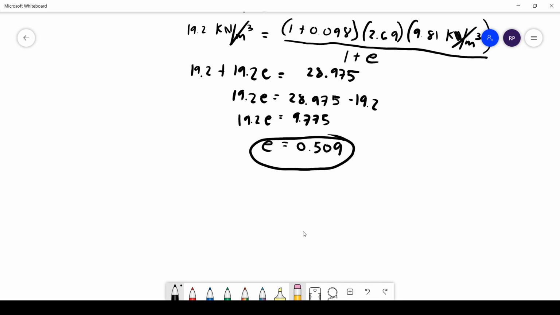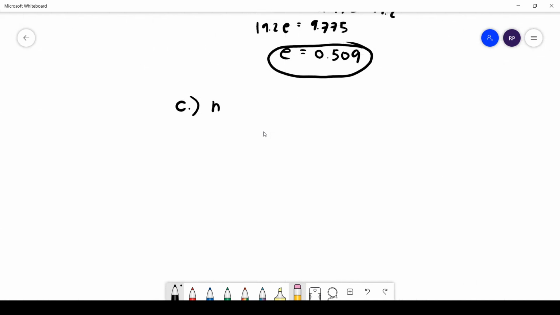Okay, the next one, we are asked to solve our porosity. Yan. So letter C is porosity N. So basic na lang to. Okay, so if you recall, na-solve na natin yung relationship between your porosity and void ratio. And we are given the equation N porosity, that is equal to E all over 1 plus E. Yan. And kasosolve lang natin yung void ratio natin.